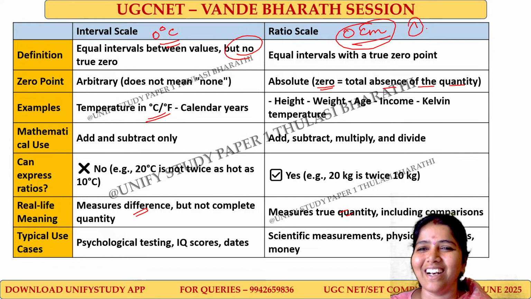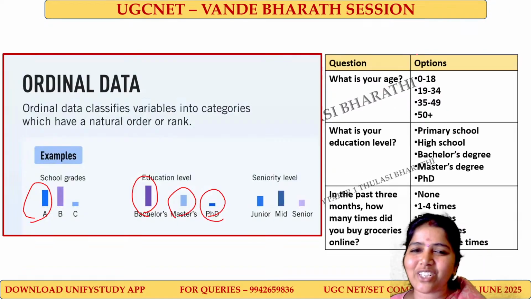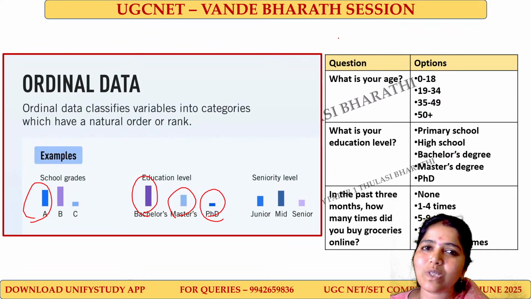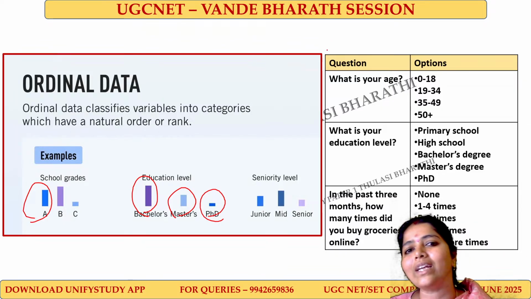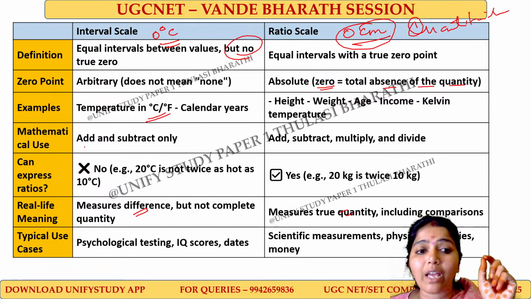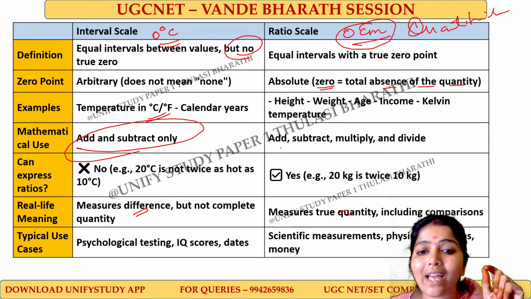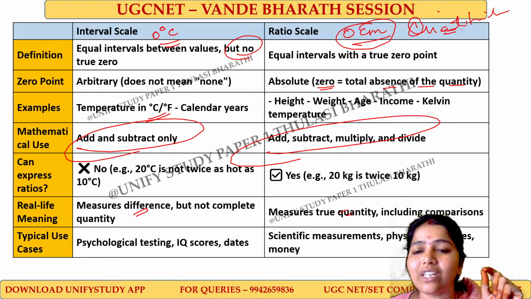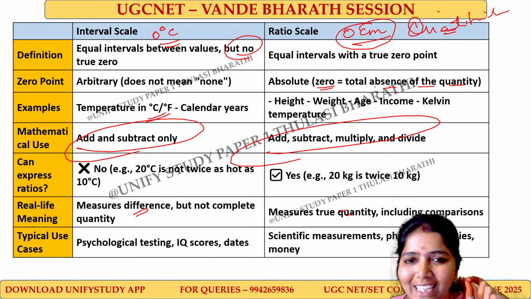Quantitative, correct. We use interval and ratio for quantitative data, and nominal and ordinal are used in qualitative data, because here we only do categorization. Whatever we can measure, whatever we can apply mathematics to, that is quantitative.